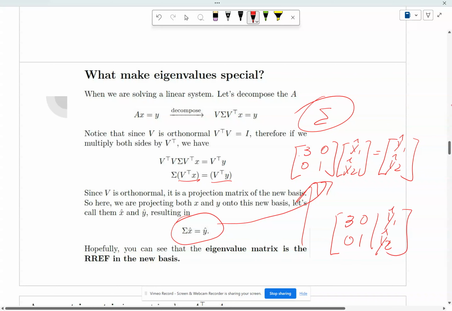After you've projected data onto a new basis, the eigenvalues are basically the REF form. Okay, so yeah, eigenvalues and eigenvectors are really, really special.